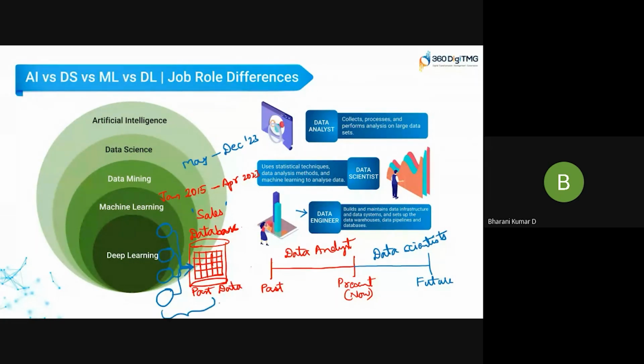This is the job of a data engineer. A data engineer would try to ensure that data from all the different data sources is always made available in the database in the required format, so that data analysts and data scientists continue working on the data. These are the three key roles that one has to remember.